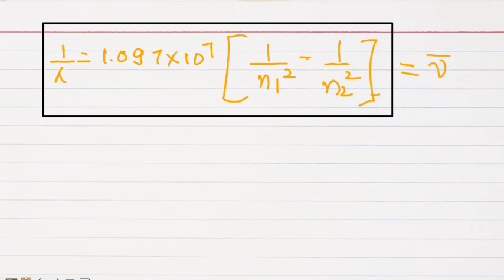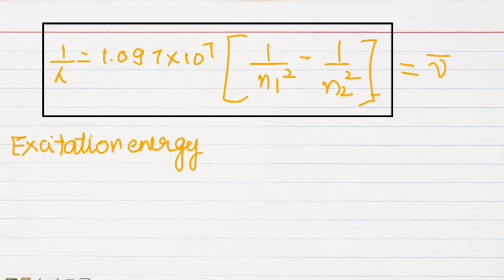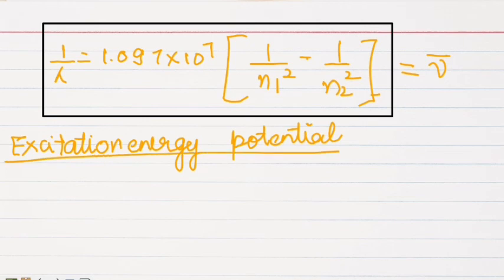Now let us discuss the excitation energy. What do we mean by excitation energy, and also what is the meaning of the potential over here? So let's read about it. The energy required to take an atom from its lower state to a higher state is called excitation energy.